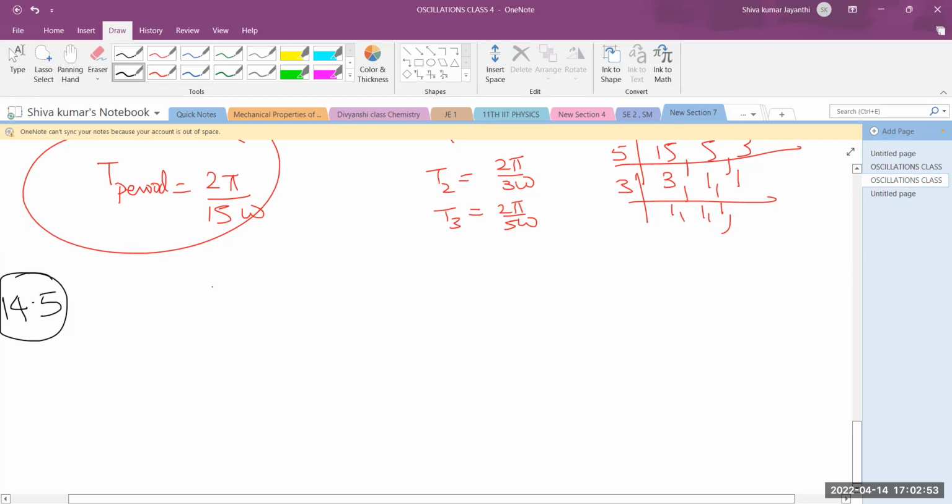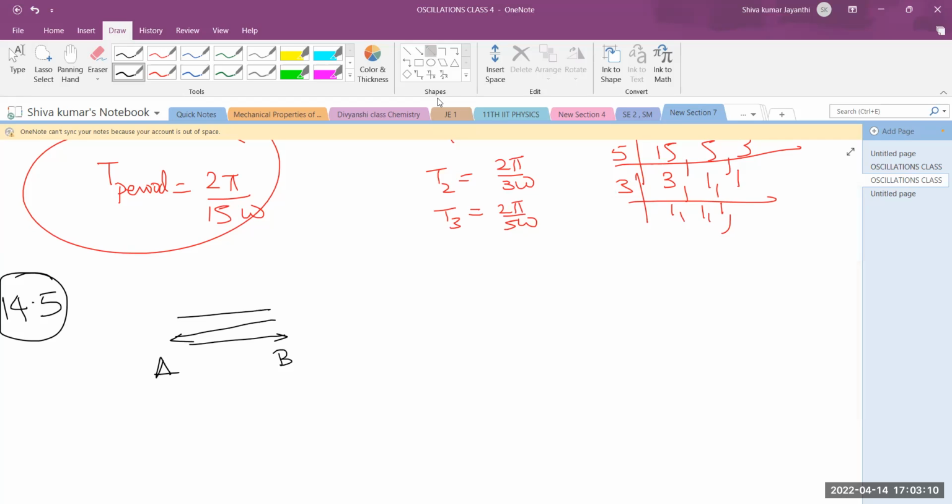The particle is in linear simple harmonic motion. Linear means it's oscillating in one direction like this, between points A and B, 10 centimeters apart. So the distance between them is 10 centimeters. If the total distance between A and B is 10 centimeters, what does it mean?